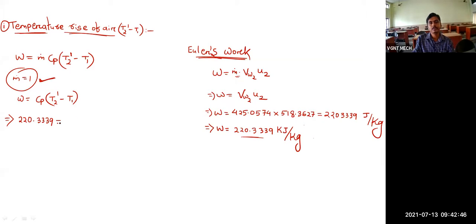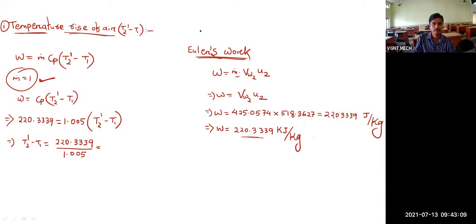220.3339 is equal to Cp, 1.005, into (T2 dash minus T1), which we have to calculate. That implies T2 dash minus T1 equals 220.3339 divided by 1.005.